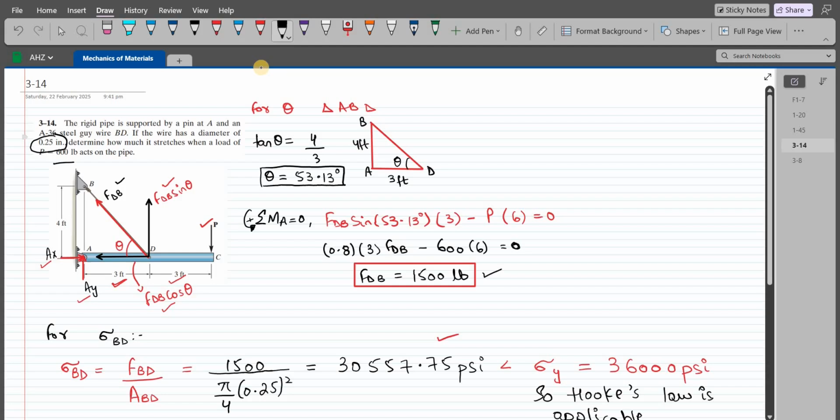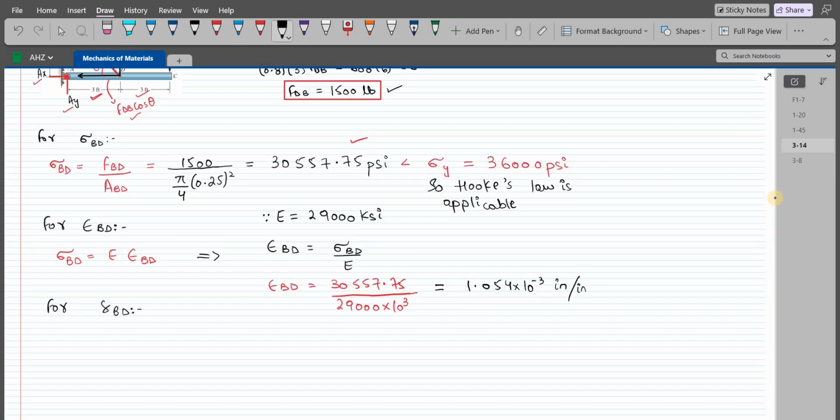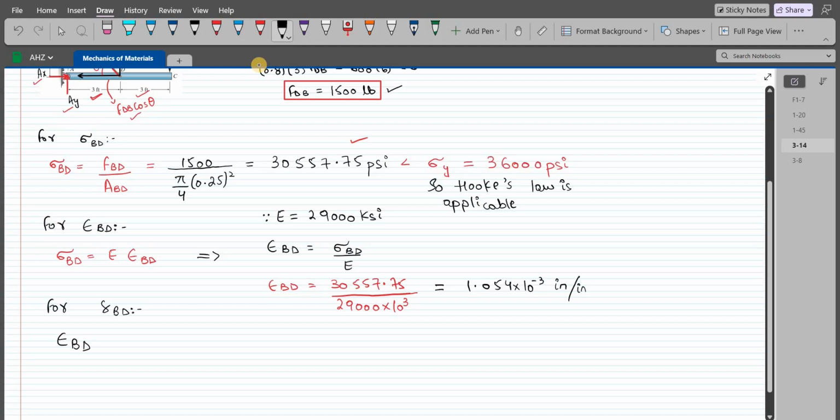Now we have to determine how much is the stretch in the wire BD when the load of 600 lbs is applied. For stretch BD, we can relate the average normal strain and the stretch BD by this formula: average normal strain BD is equal to stretch BD over the unstretched length of the wire BD.